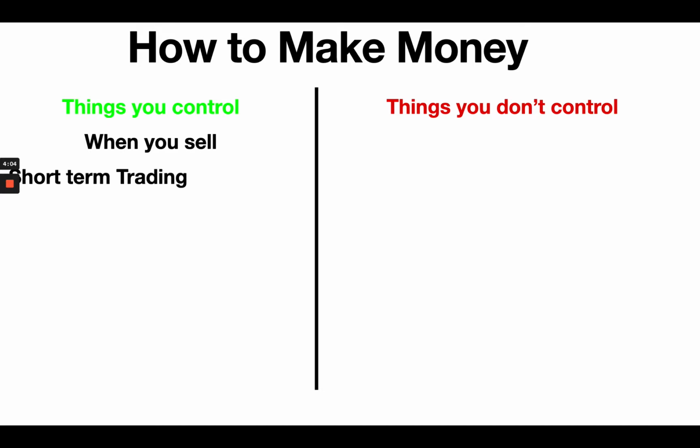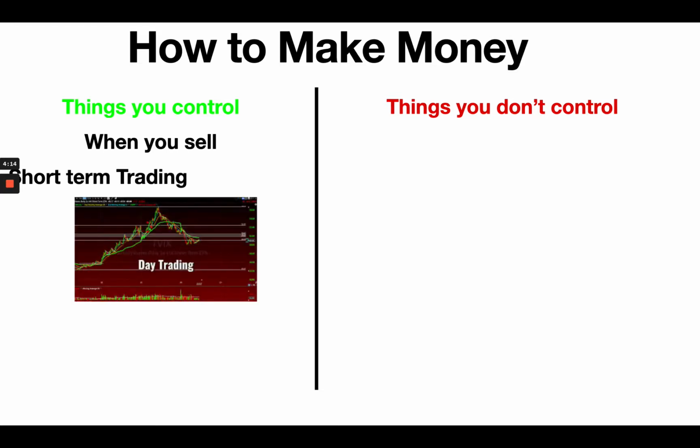Now, when you sell is important because if you sell under a year, that is considered short-term trading, or even smaller, within the day, would be day trading. The reason there's a stipulation is because of tax reasons, and that of course you can take up with your accountant.